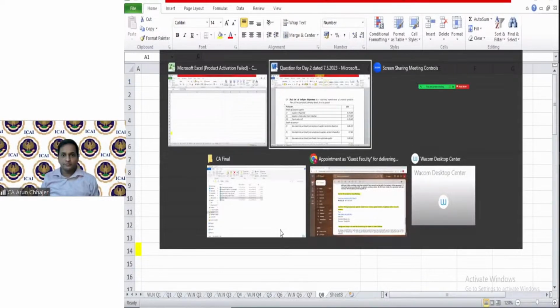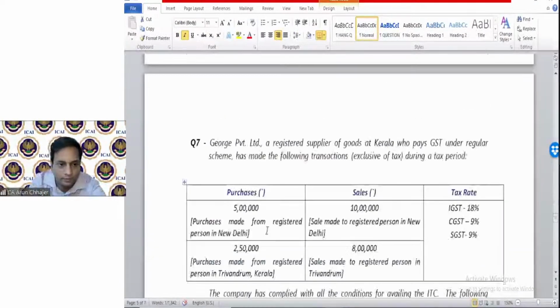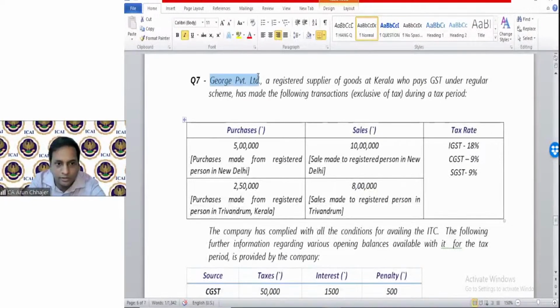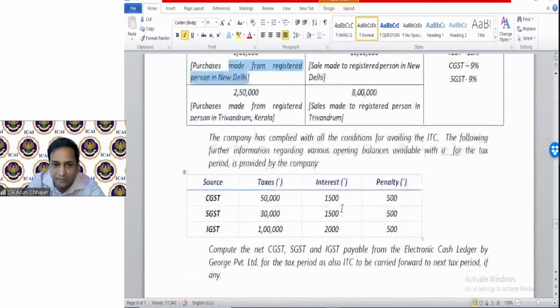Very short question. George Private Limited, registered supplier at Kerala, who pays the GST under regular scheme, has made the following transactions during the tax period. Purchase from the registered person in New Delhi 5 lakh. Purchase from a registered person in Trivandrum, Kerala 2,50,000. Sales to New Delhi, sales to Trivandrum, Kerala.